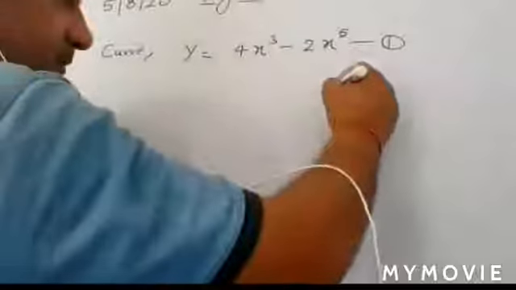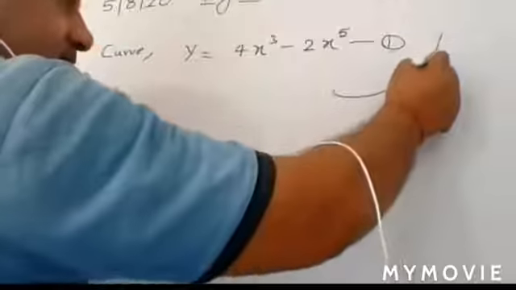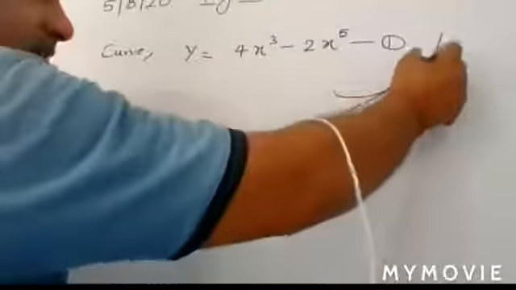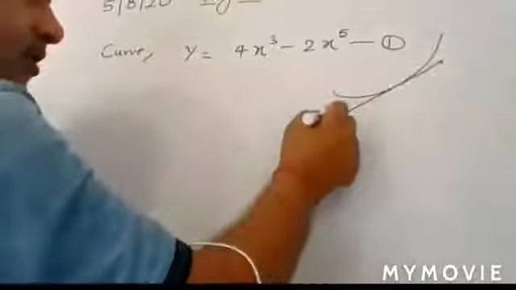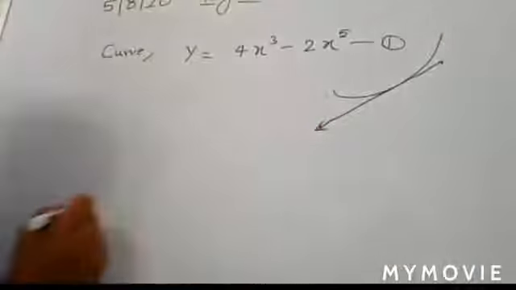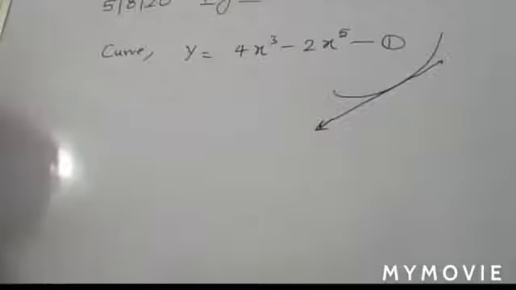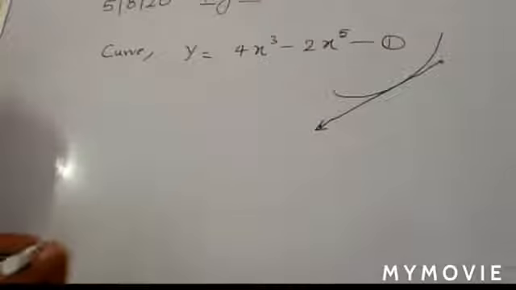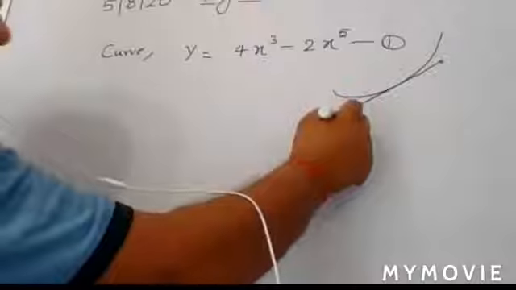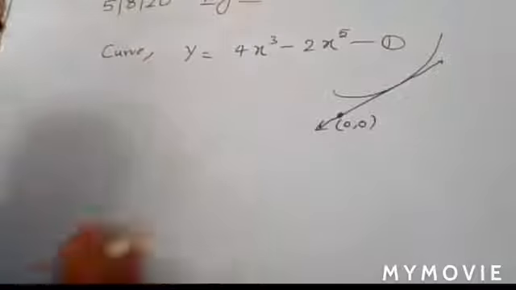So first you draw a rough sketch. Here you have a curve. Let me repeat the question. For what points on the curve y is equal to 4x cube minus 2x to the power 5 is the tangent passing through the origin 0, 0?